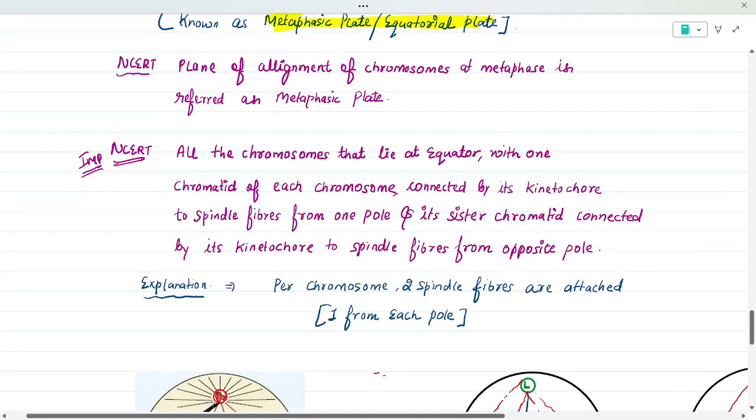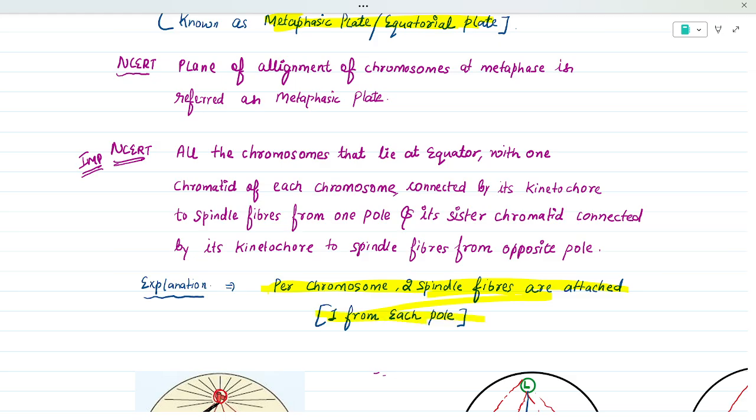So we can say just one important MCQ: per chromosome 2 spindle fibers are attached, one from each pole. This is again an important MCQ question. Right, that's done with the metaphase.